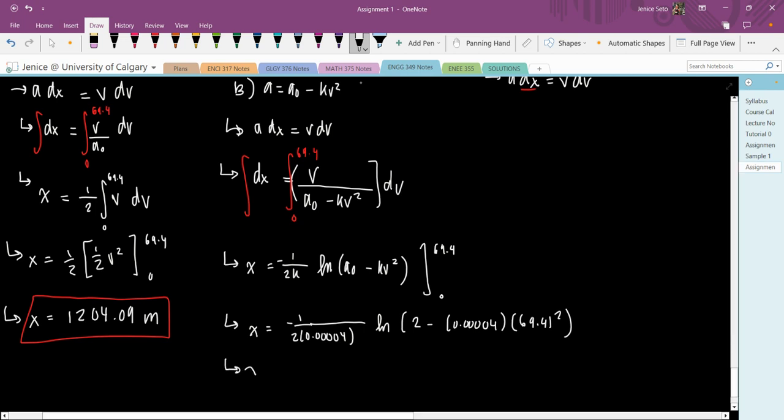This gives us our value of x, which is equal to 1,269.45 meters, and that is with the drag coefficient.